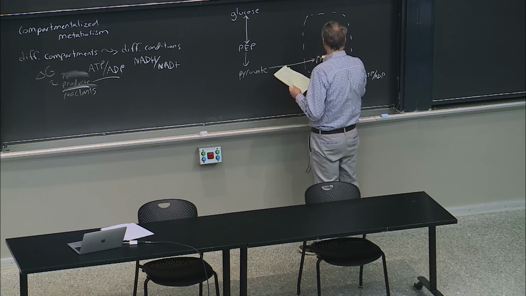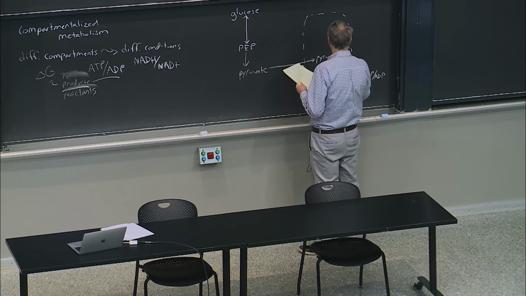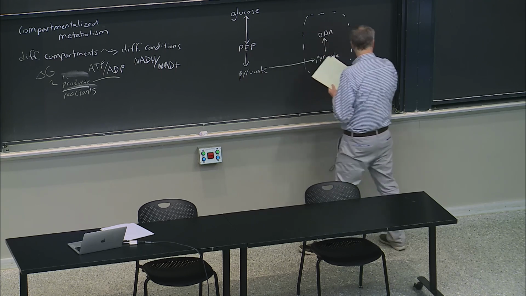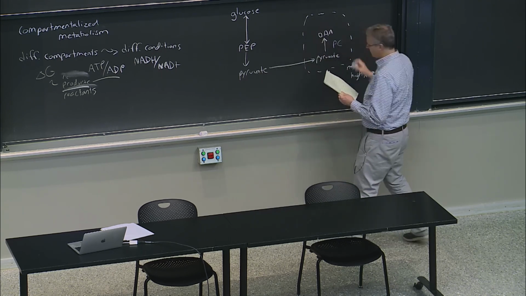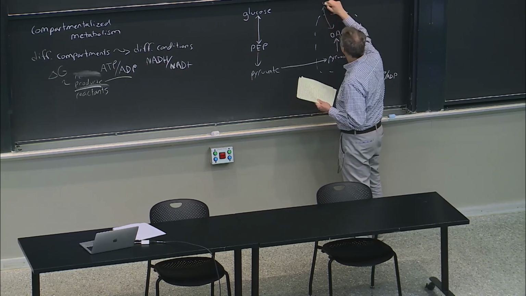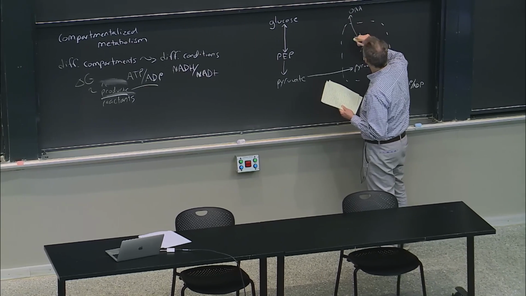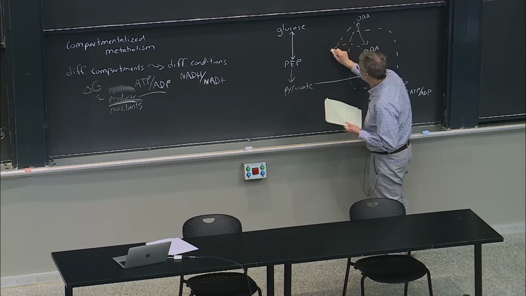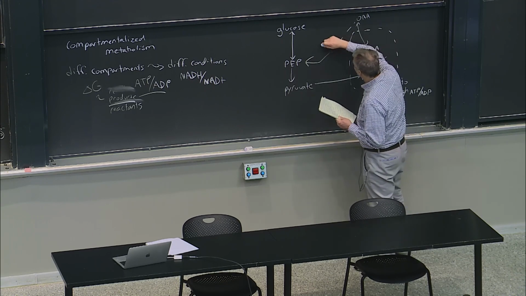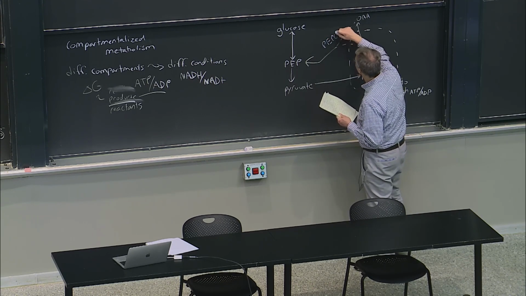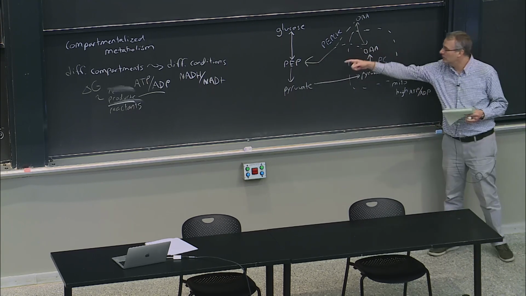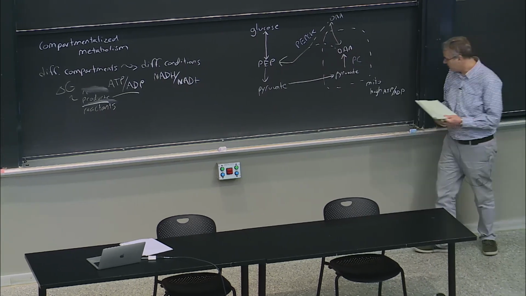In the mitochondria, you turn that pyruvate into oxaloacetic acid, that is, carry out the pyruvate carboxylase reaction, which generates oxaloacetic acid, and then PepCK can, either in the mitochondria or in the cytosol, generate PEP.